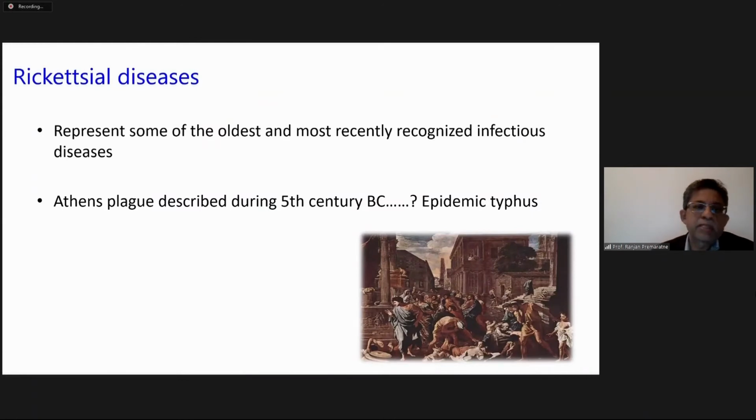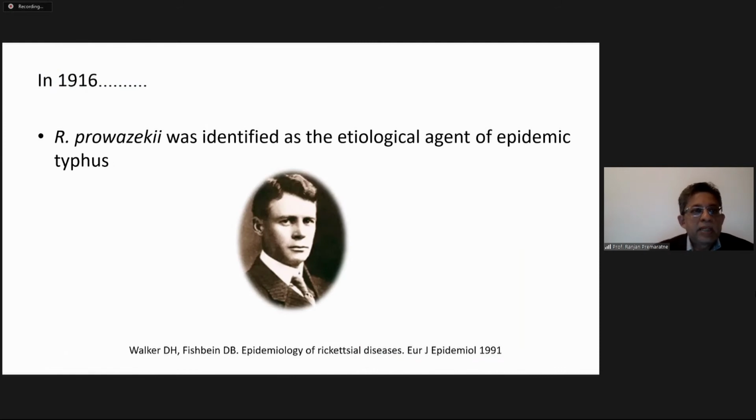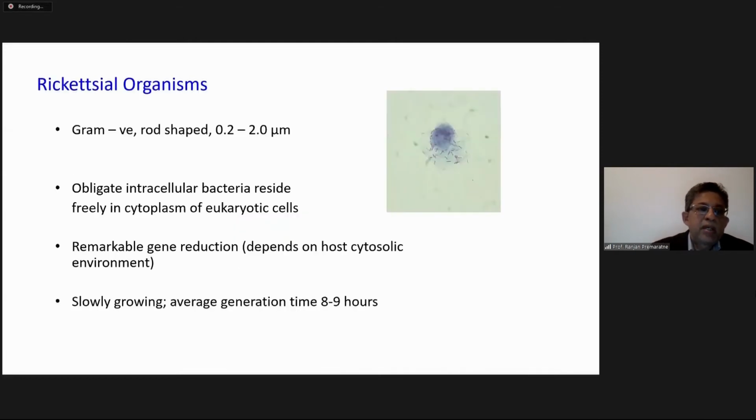Rickettsial diseases represent some of the oldest and most recently recognized infectious diseases. As an example, the Plague of Athens, described vividly in the 5th century BC, was thought to be due to epidemic typhus. In 1916, Rickettsia was identified as the etiological agent of epidemic typhus by Prowazek himself.